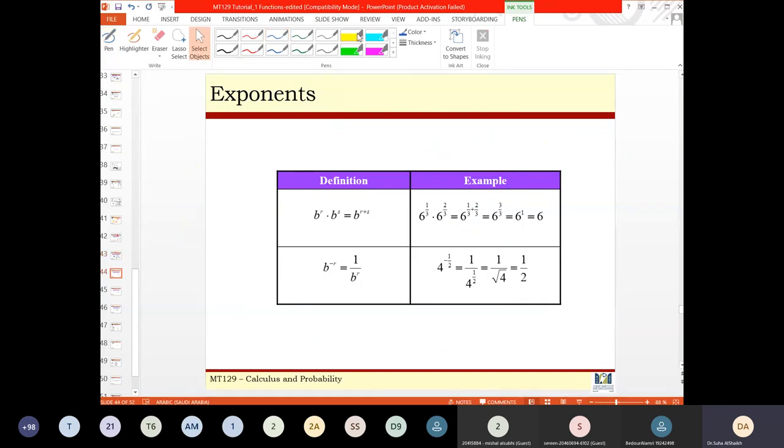Now, if we are multiplying two numbers with the same base and different powers, we add the powers. Example, I have 2 to the power 2 multiplied by 2 to the power 3. The same base with a multiplication. This equals 2 to the power 2 plus 3, which is 2 to the power 5.